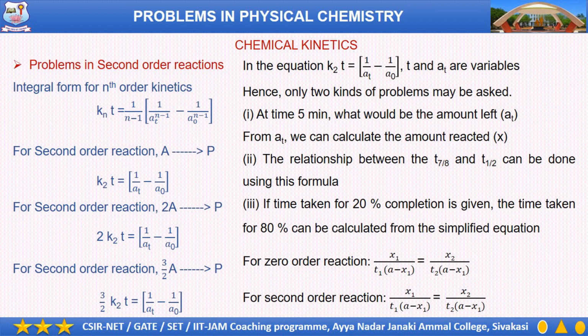You can make use of this equation to calculate the relationship between the time for the completion of one concentration to the time for the completion of another concentration, or otherwise give the relationship between 7 by 8 completion to 50% completion. Therefore, you should make use of either of these equations for doing problems in this one.